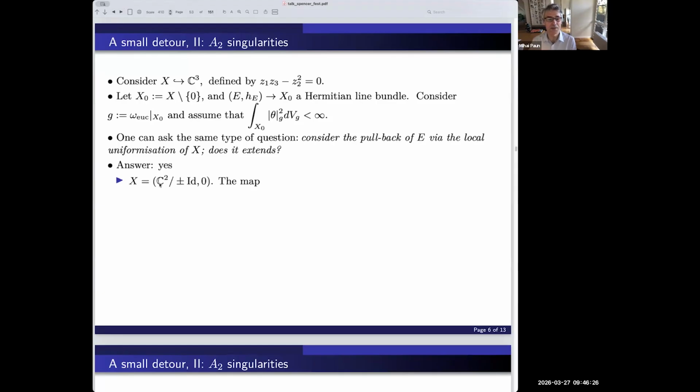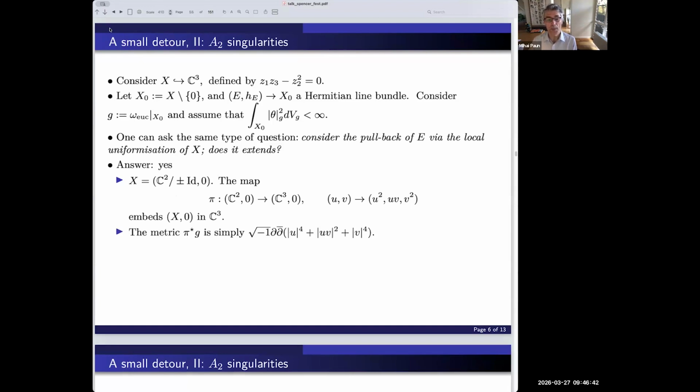And why is that? So X is, of course, C2 modulo plus and minus identity. The map that embeds X in C3 is given by U square, UV, and V square. So via the uniformization of X, the inverse image of the metric we consider is this one.